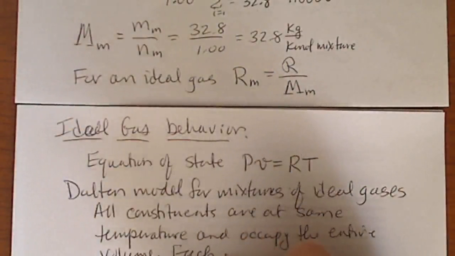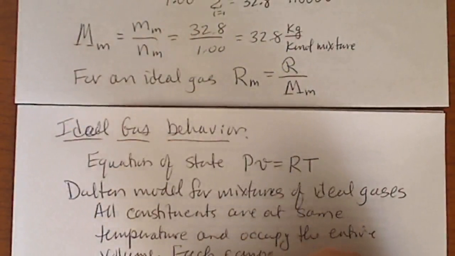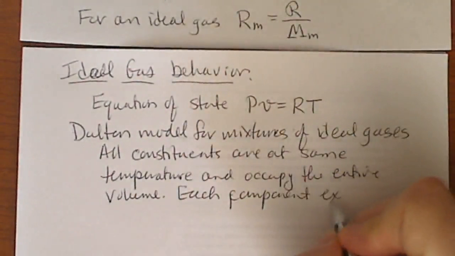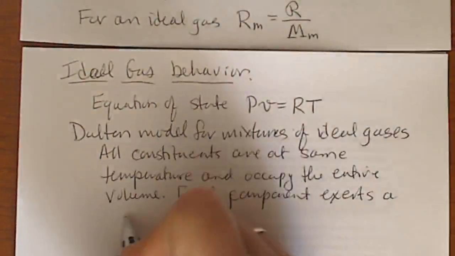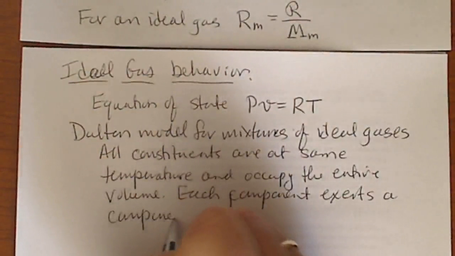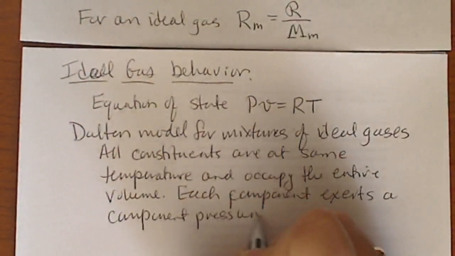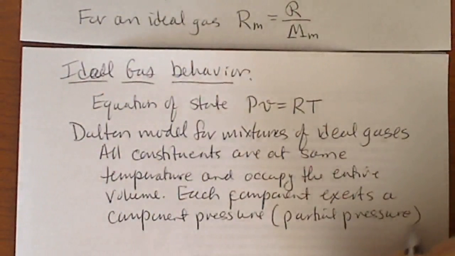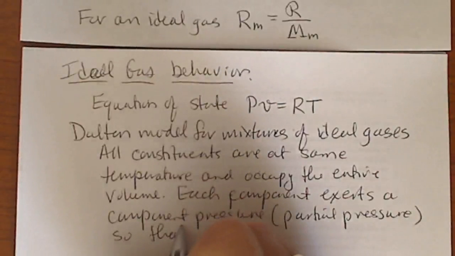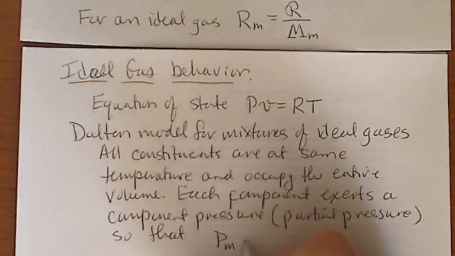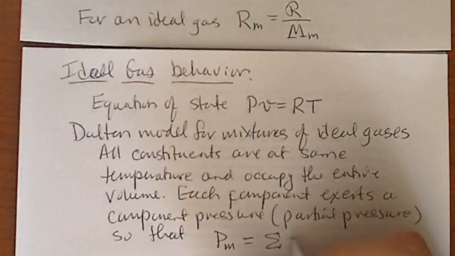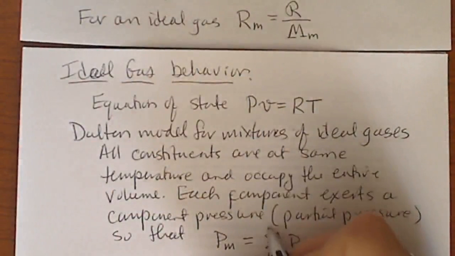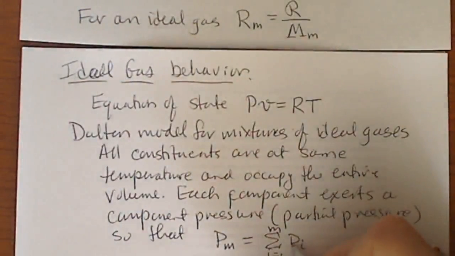But each constituent or component exerts a component pressure, a partial pressure, so that the total pressure for the mixture is the sum of these partial pressures for the mixture.